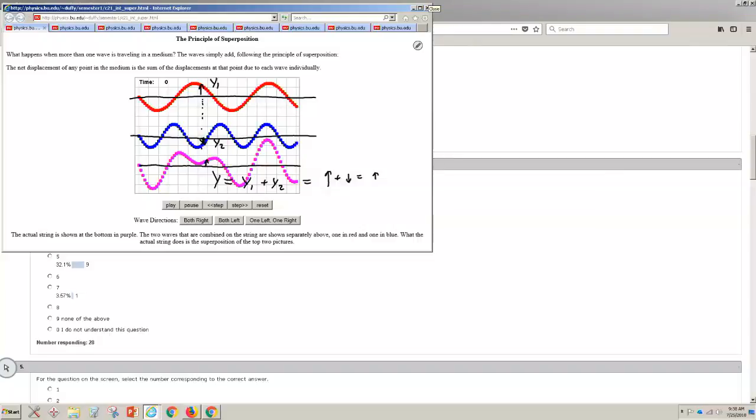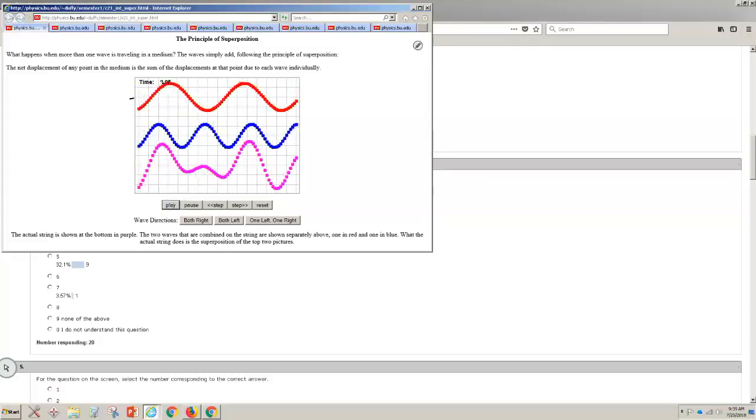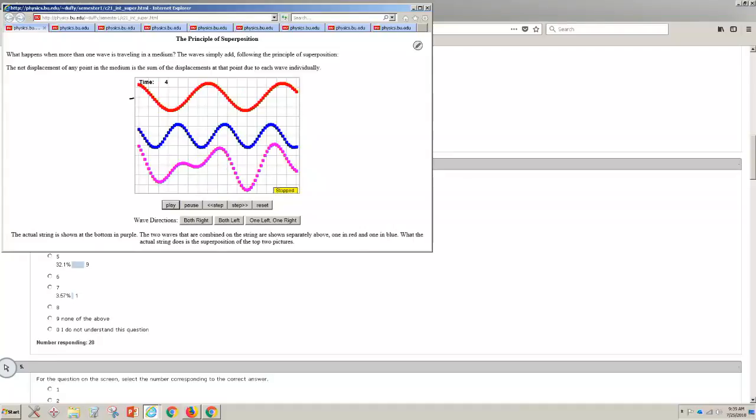Now, how do I erase everything? Okay. It is not, of course, easy to see, but the pink profile represents the actual wave, which we would observe if two waves, red and blue, were traveling simultaneously on the same rope.